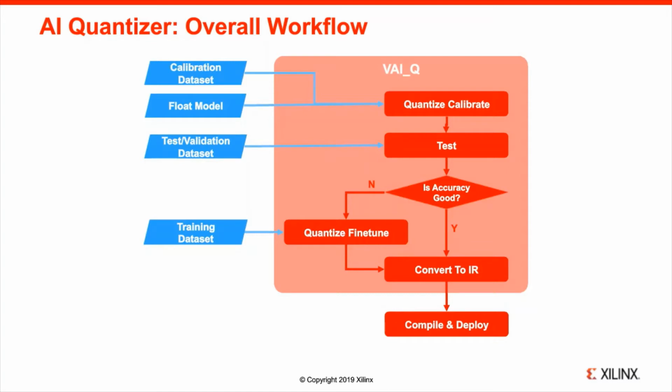The input of the quantizer will be the float baseline model along with a calibration dataset. The calibration dataset usually contains hundreds of images from the test dataset. It is used to define the dynamic range of your input. The quantization itself doesn't need backward propagation, only forward.